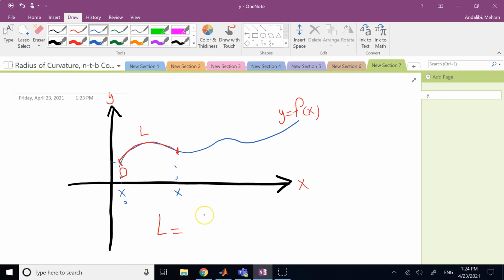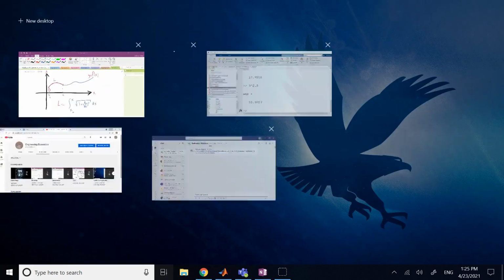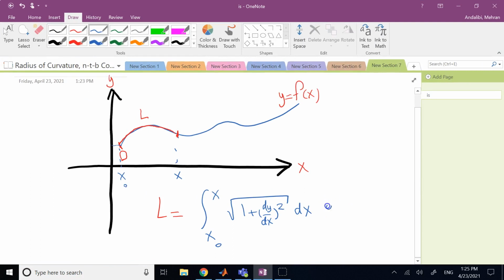Based on your calculus, this is the integral from x naught to x of the square root of 1 plus dy over dx, the whole thing squared, under the square root, and then the integral of it dx. Okay, so this is how you describe position. The traveled distance, basically, that's what it is, correct? The traveled distance.